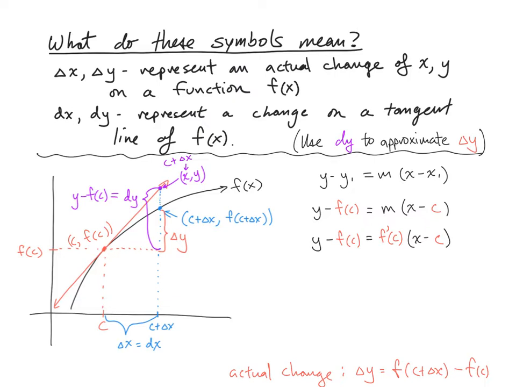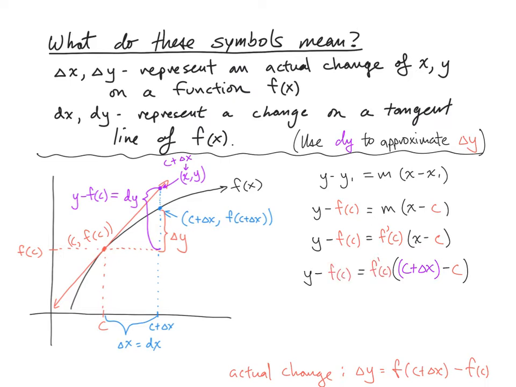So since the x coordinate is c plus delta x, that allows us to replace this x with c plus delta x. And then we will have minus c, and the rest of the equation is unchanged.